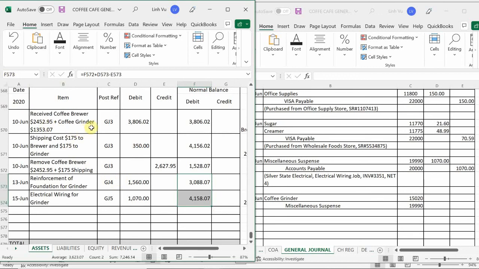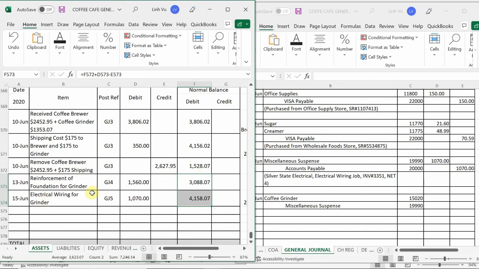My coffee grinder was $1,353.07. We split the shipping, $175 for each item, the coffee brewer and coffee grinder. Then we ended up removing the coffee brewer. So my coffee grinder was at a grand total of $1,528.07.